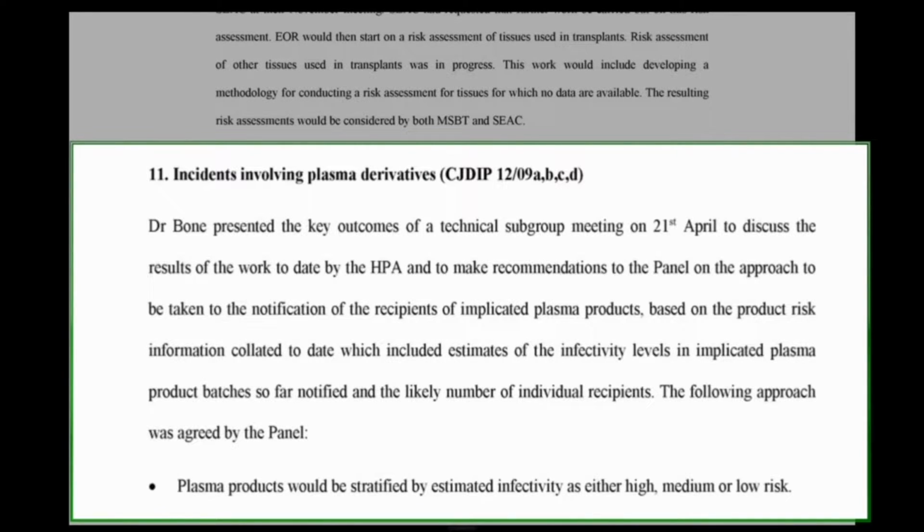The following approach was agreed by the panel. Plasma products would be stratified by estimated infectivity as either high, medium or low risk.